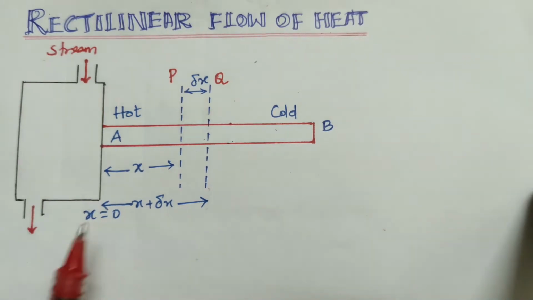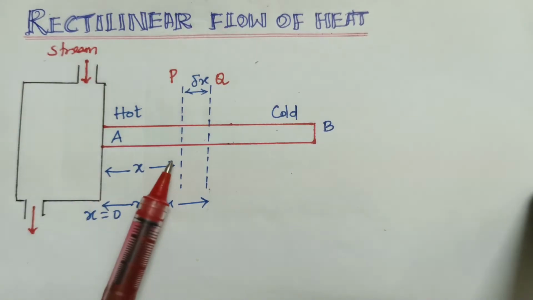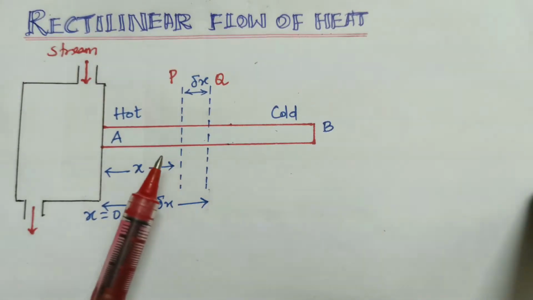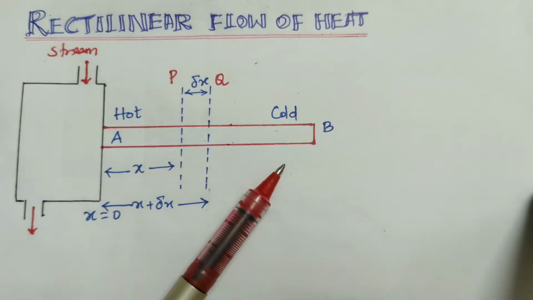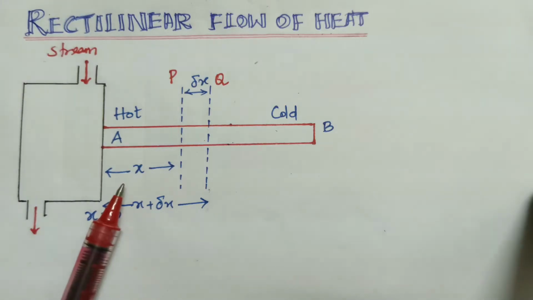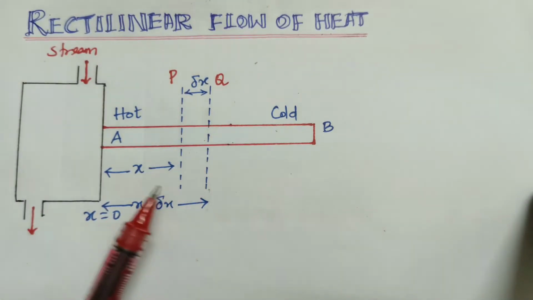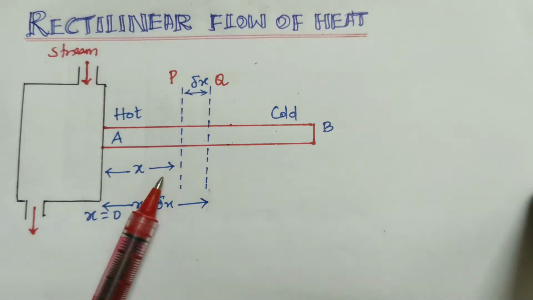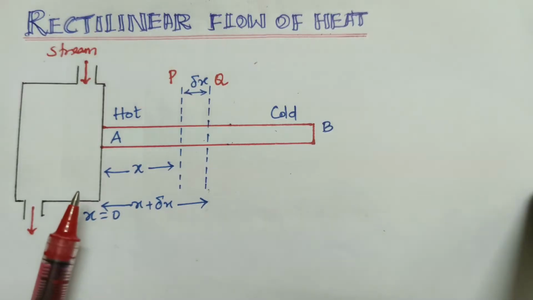Here the heat is also radiated from the surface of the body. A is the hot end, B is the cold end. Now consider the flow of heat between the sections P and Q at distances x and x plus del x from the hot end.